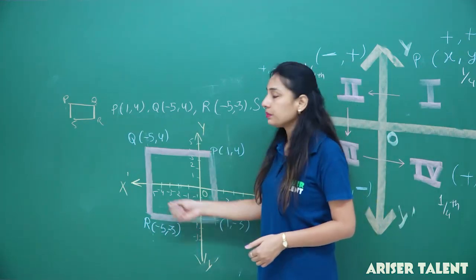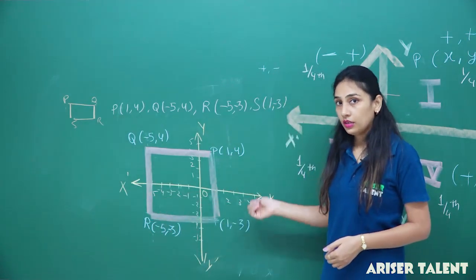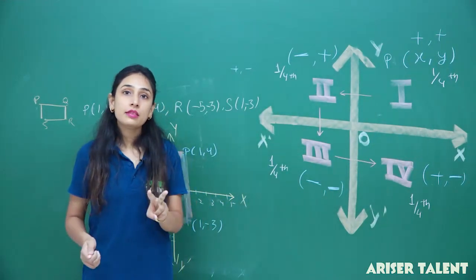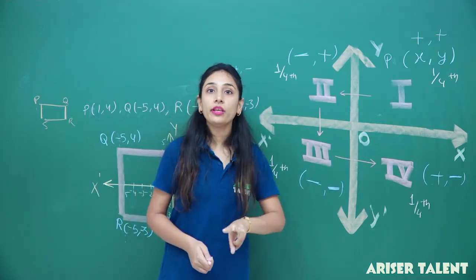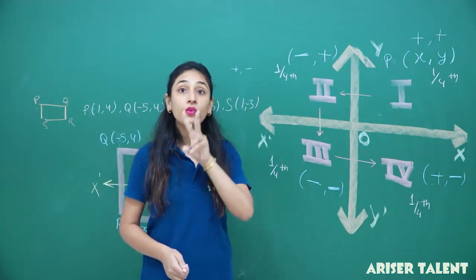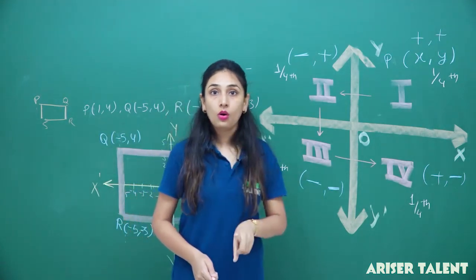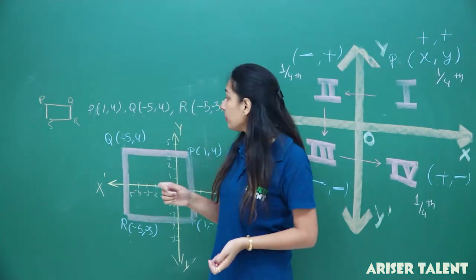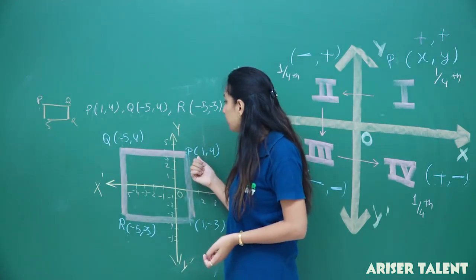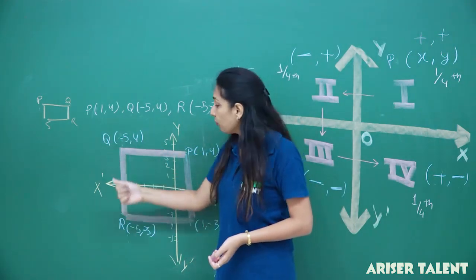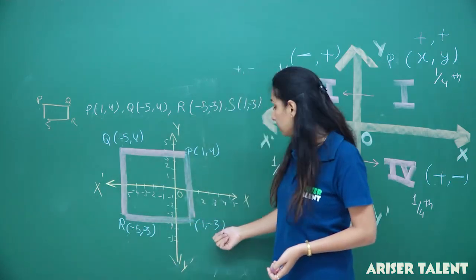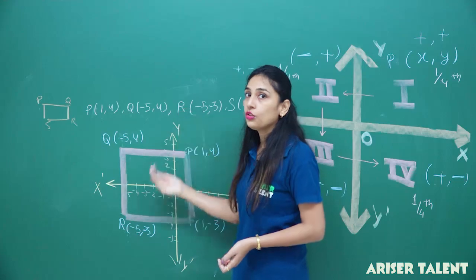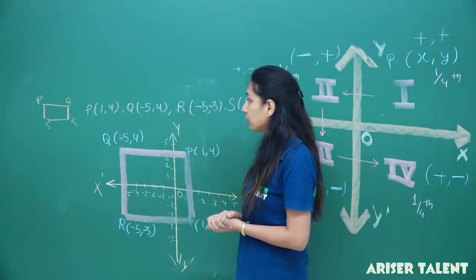You will create the x-axis and y-axis, first step. Second step, you will mark the points in the quadrants one by one. Then if the rectangle is PQRS, you will join P with Q, Q with R, R with S, and then S with P to make a closed figure, and your rectangle is here, right?